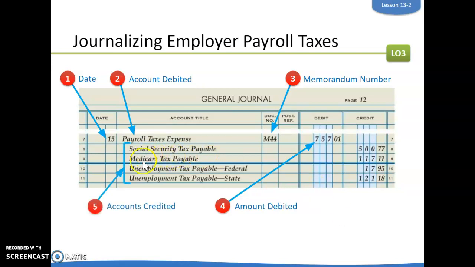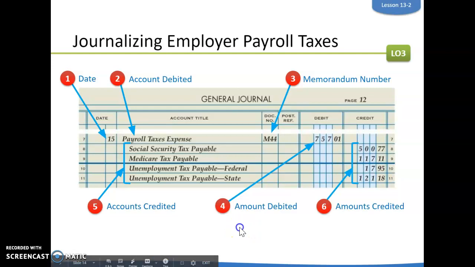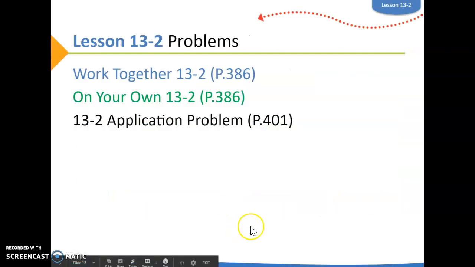And then we're going to list those payable or liability accounts, and I would list them in the order that they give them to you. Social Security tax payable was $500.77, and so on and so forth. So FUTA usually is first and SUTA second here with the unemployment tax payable. So that's how we will journalize it. And then we will go into the work together lesson here as well.